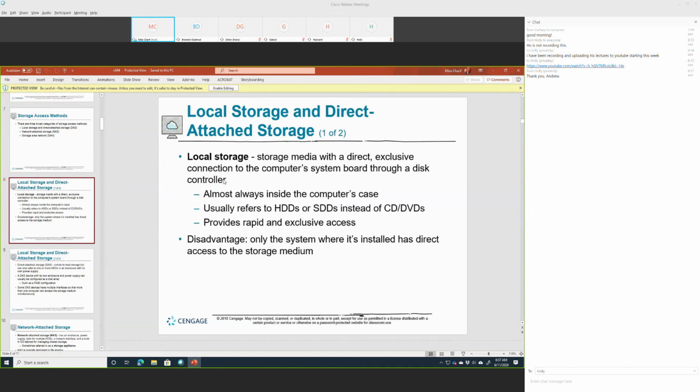Okay, so talk about local storage, which is storage media with a direct exclusive connection to the computer system board through a disk controller. And that's basically when you open your machine, you can see a little small cable attached to your disk, and one end connected to the disk, the other end is connected to the motherboard.